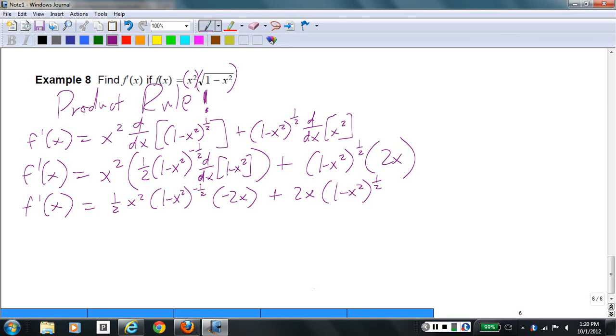And also x squared times x. Looks like we get x cubed. So minus x cubed to leave that expression. Negative x cubed times 1 minus x squared to the negative 1/2 plus 2x times 1 minus x squared to the positive 1/2.